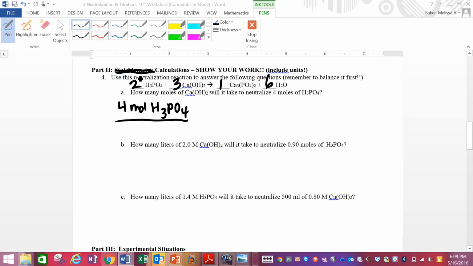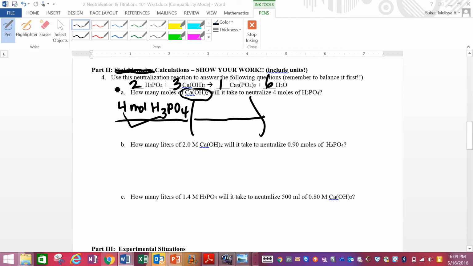How many moles of calcium hydroxide will it take to neutralize that? Well, we can do this one in our heads. 4 times 3, we're trying to get rid of 12 moles worth of H pluses. So we would need how many Ca(OH)2s? We would need 6, because 6 times 2 is 12.